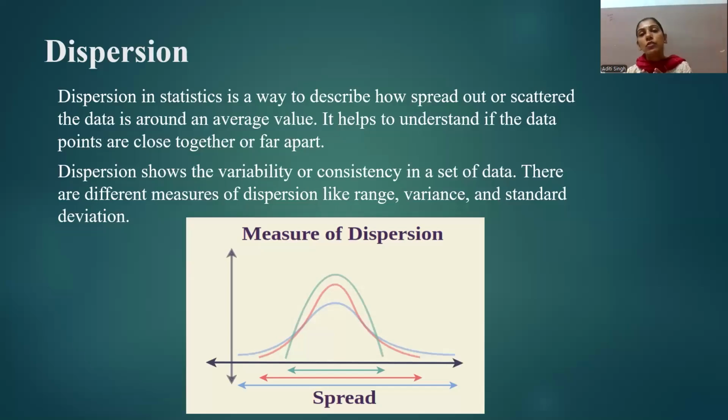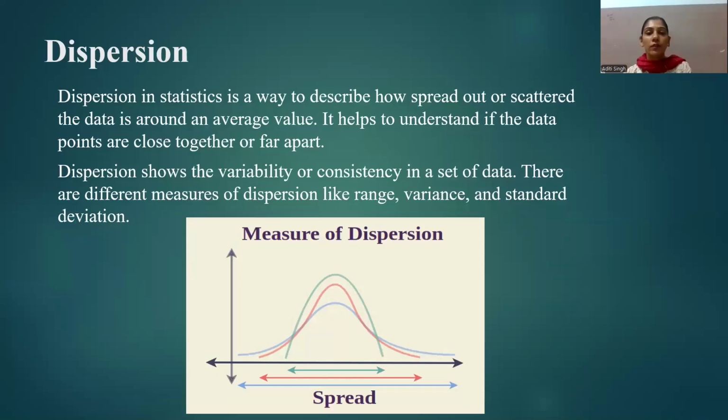Second, their average may be different, but the formation of items may be the same. So these are two structures of statistical series we have learned from calculating average. In order to understand the nature of series, the study of dispersion or variation is also necessary.